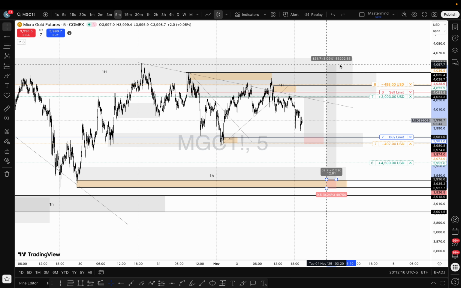So if this first one is a loss, then we would need about 10R.